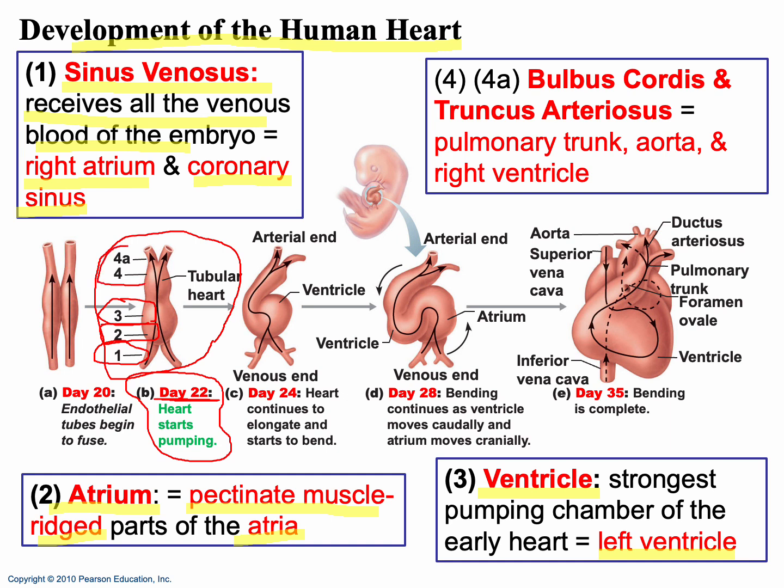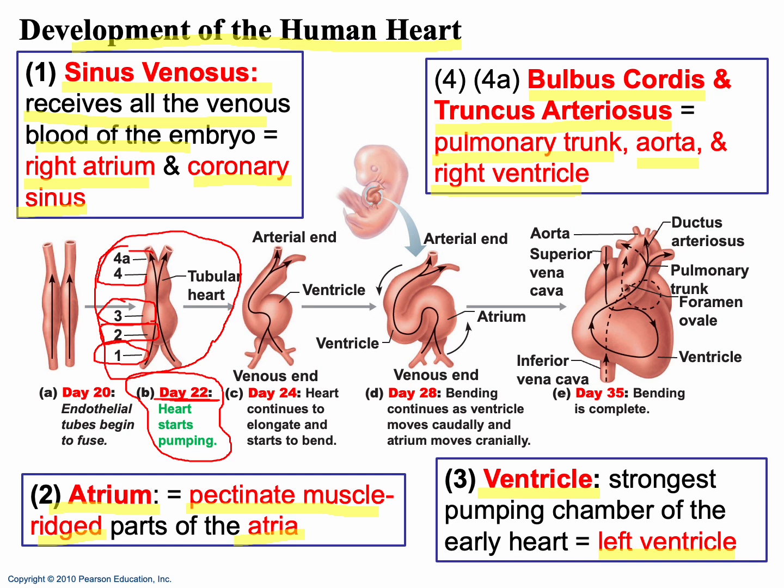So 4 and 4A. These structures here, we have the bulbus cordis and the truncus arteriosus. And these structures will eventually evolve into the pulmonary trunk, the aorta, and the right ventricle. So that's what those structures will evolve into.